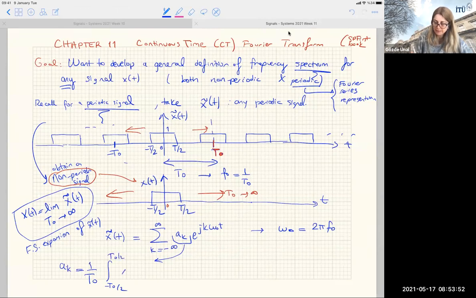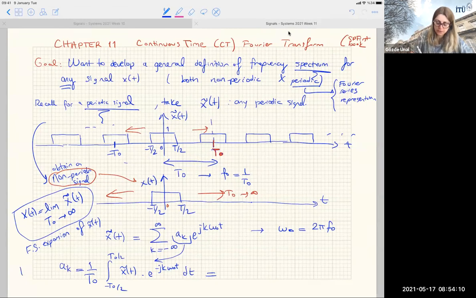I can take the signal, dot product it with the conjugate of this basis function, e^{-jkω0t}, and integrate it out, right? That's the Fourier series coefficients.